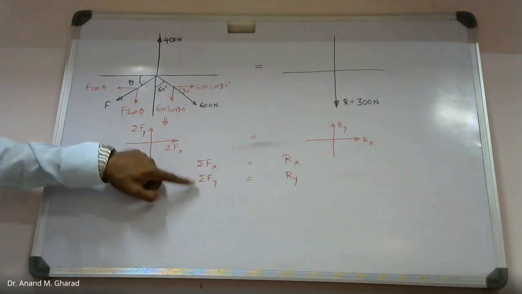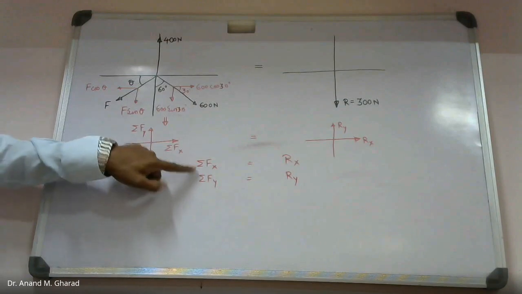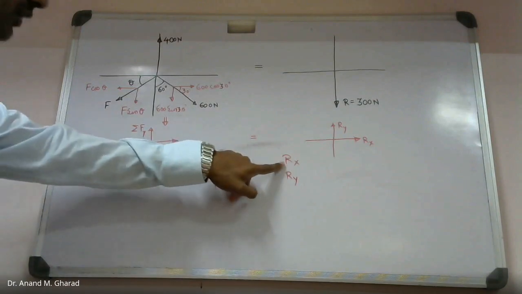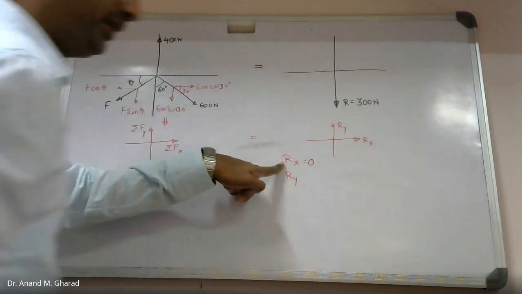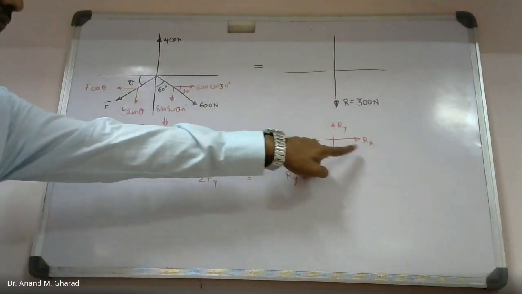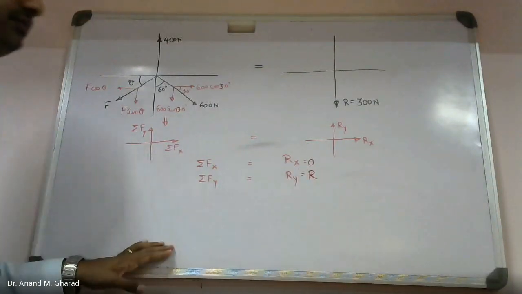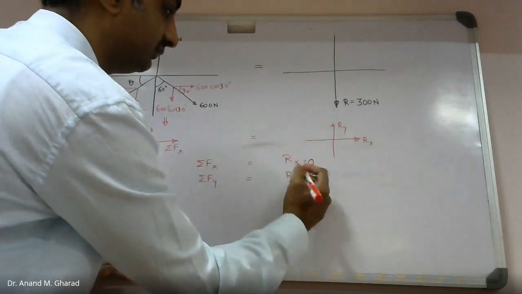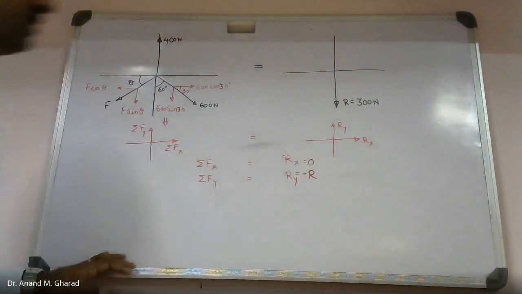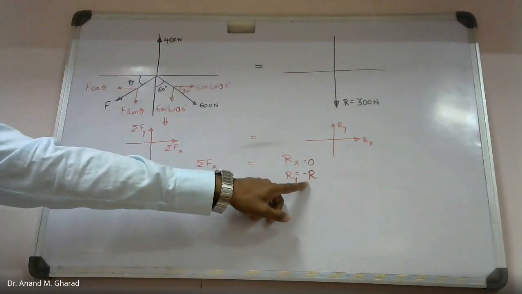You find out these values. You know what is Rx. In our case, Rx is 0. Do you agree? Yes, sir. Ry is R. Correct? Rather, it is minus R. Ry is minus R. So be careful about the sign convention.